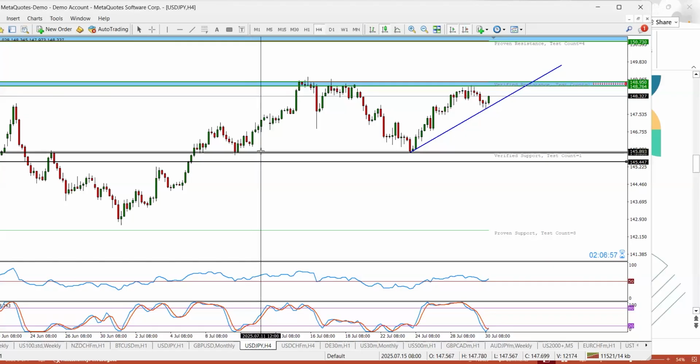So 288 divided by 39. That is 7. So your risk to reward on this trade is what? 1 is to 7. Tell me, if you keep trading like this, how won't you blow your account?